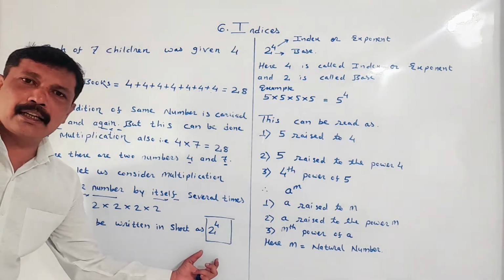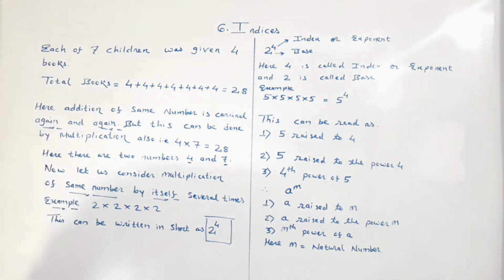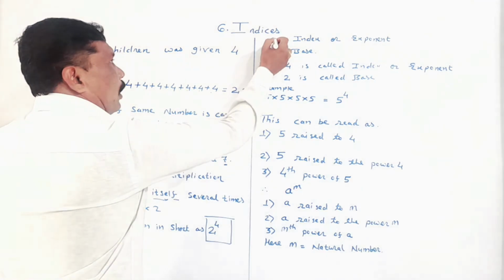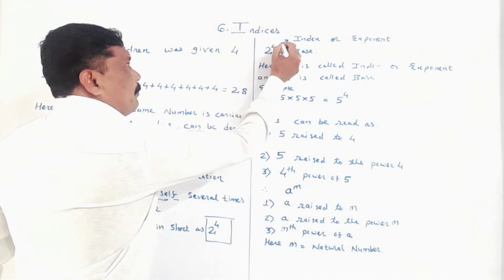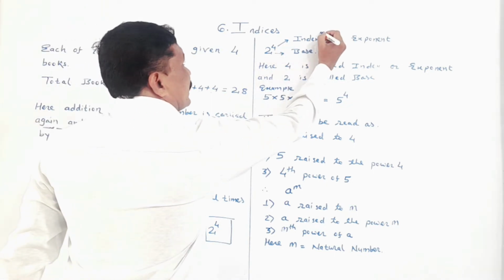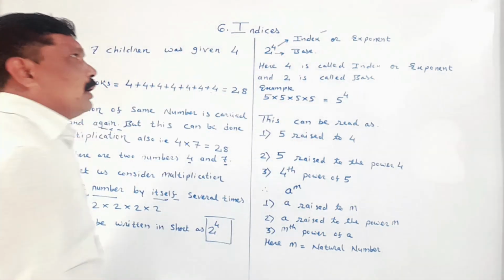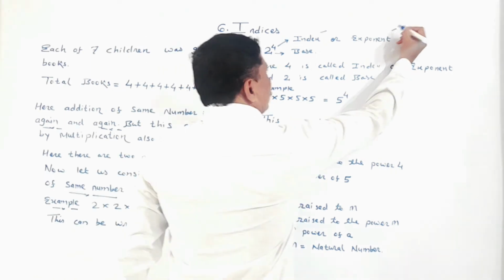What does this number tell us? If we write 2 and above it 4, then the number which we write above is called the index, or it is also called the exponent.